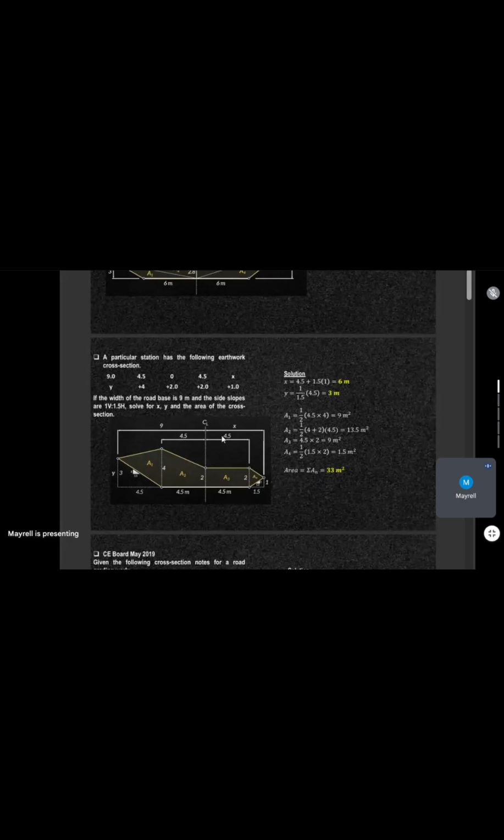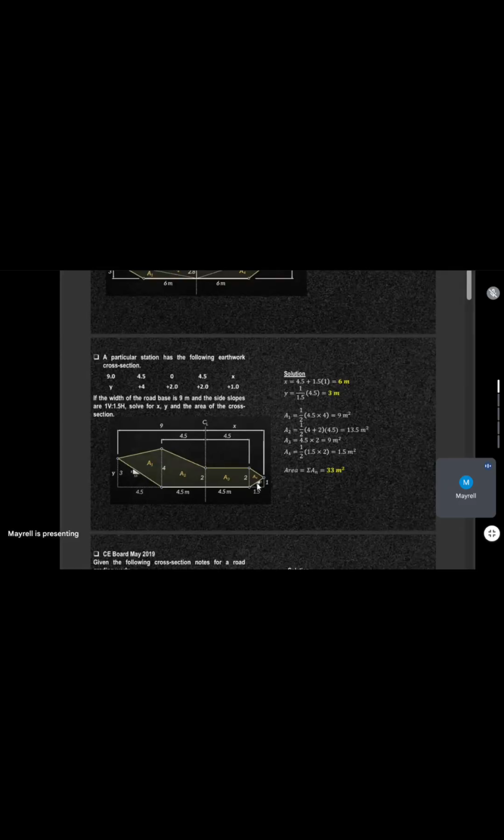And then this one is 9 and y. So at this point. Then on the other side, 4.5 and 2. And this one, x and 1. So after you plot the points, you connect them from the road. So connect those lines. Okay.